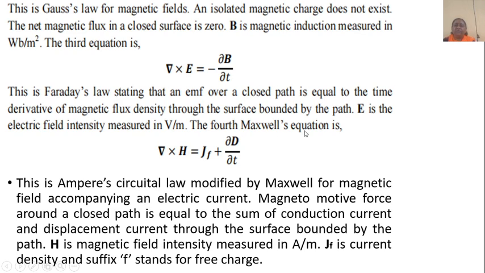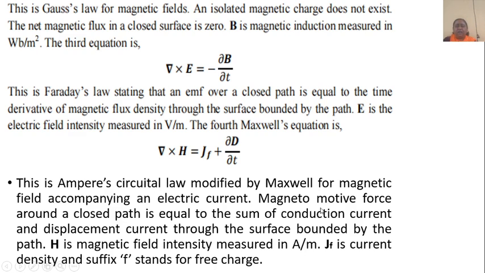The fourth Maxwell equation is del cross H equal to J F plus delta D by delta T. This is Ampere's circular law modified by Maxwell for magnetic field accompanying an electric current.